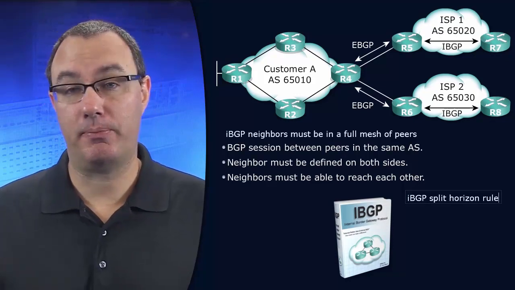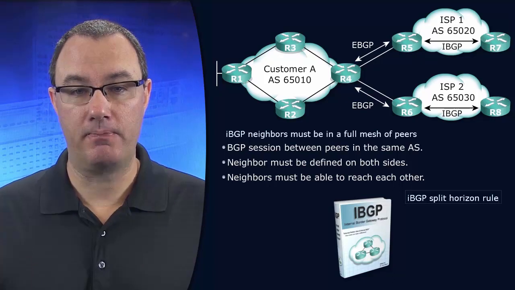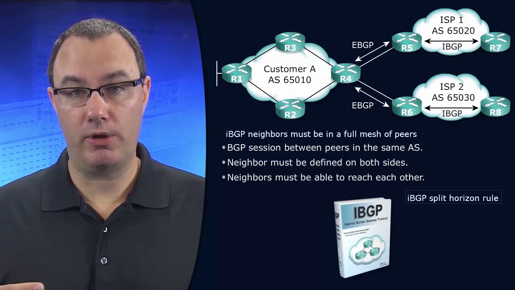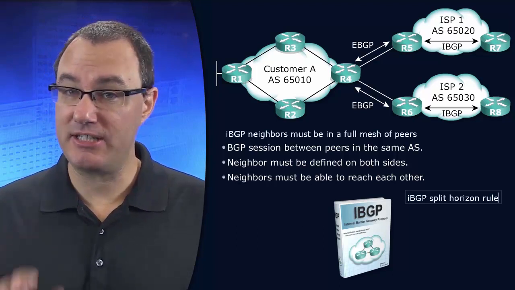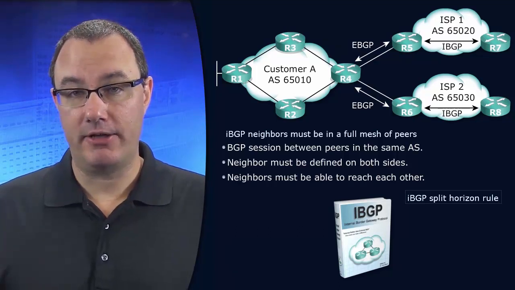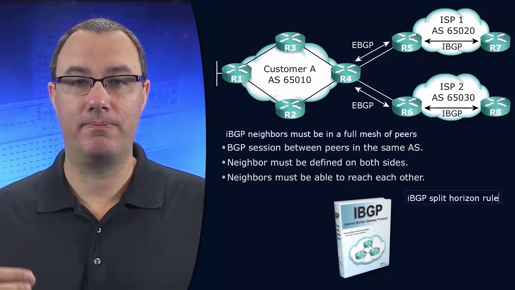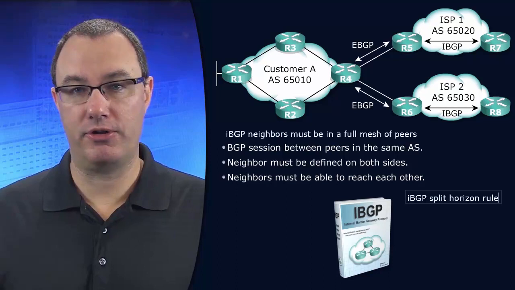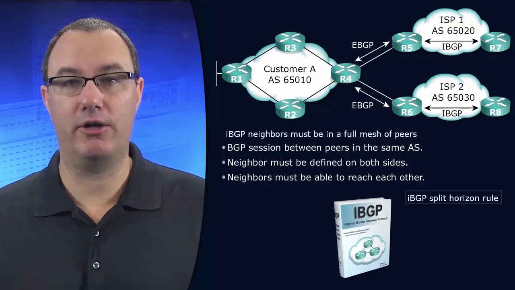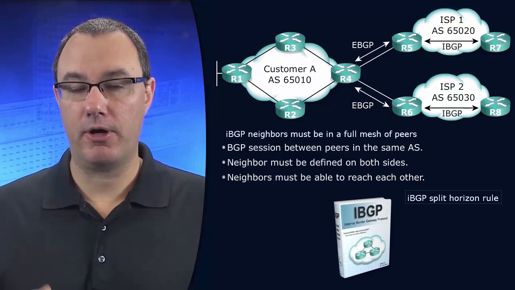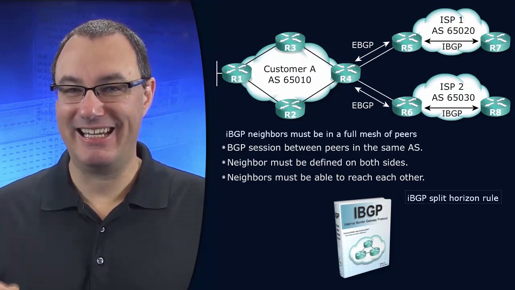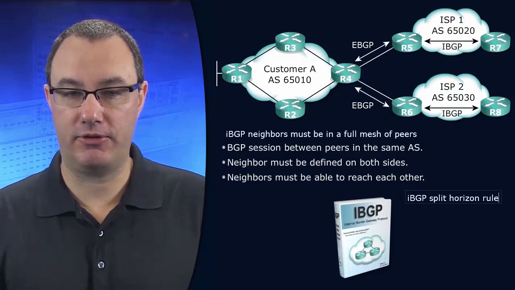Now, we're dealing with a path vector routing protocol, but there is a split horizon rule within BGP. It's different. It is not about interfaces and making sure that routes go out a different interface. It is more about making sure that routes don't get re-advertised into the same autonomous system.